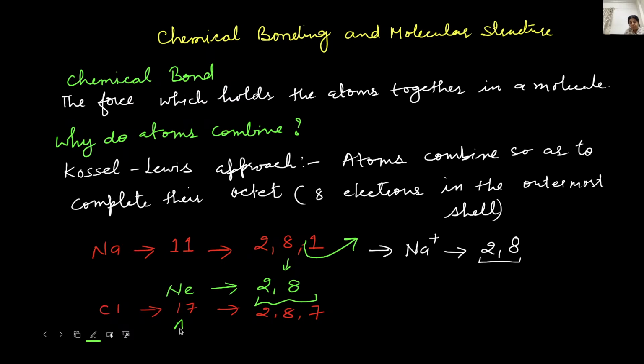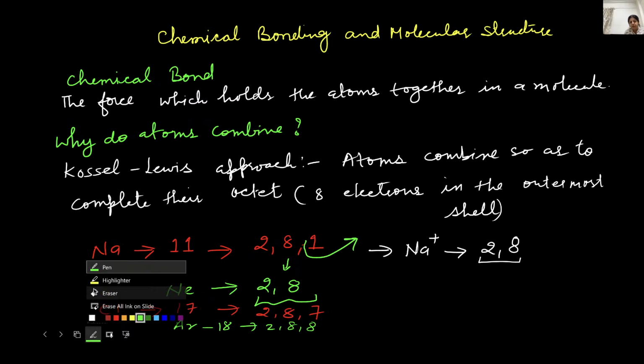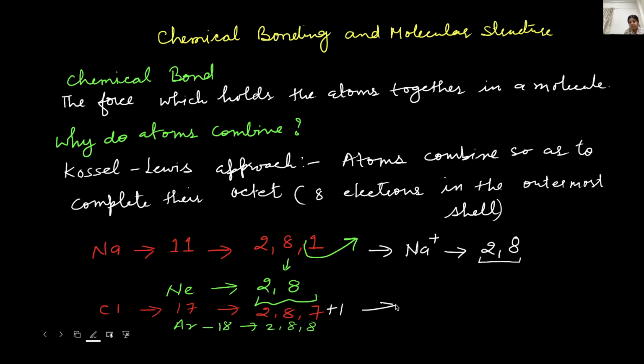What is the electronic configuration for argon? 18 atomic number, and it will be 2, 8, 8. To achieve this stable inert gas configuration, it should gain one extra electron, and it gets converted into an anion, Cl negative ion. So the electronic configuration here becomes 2, 8, 8.